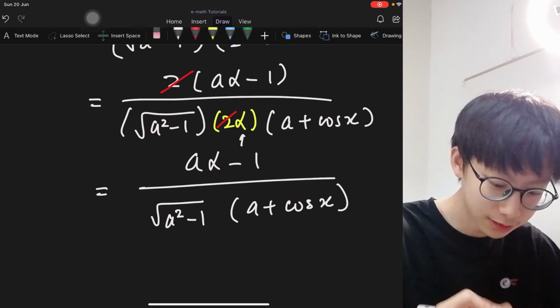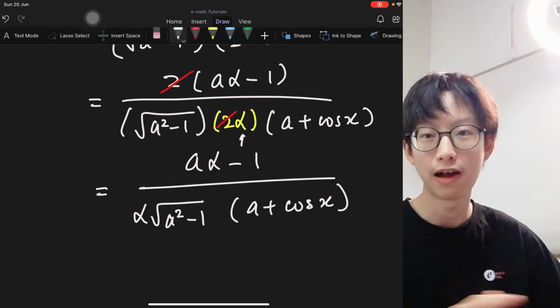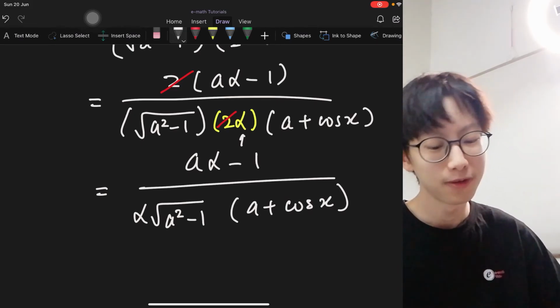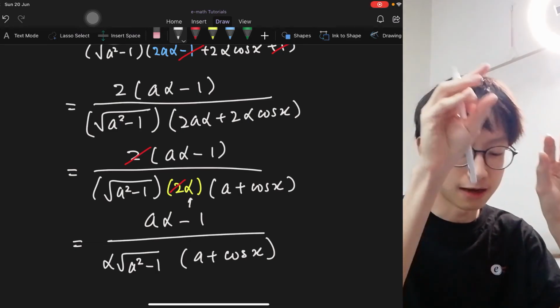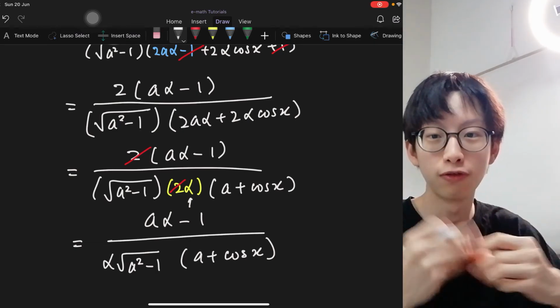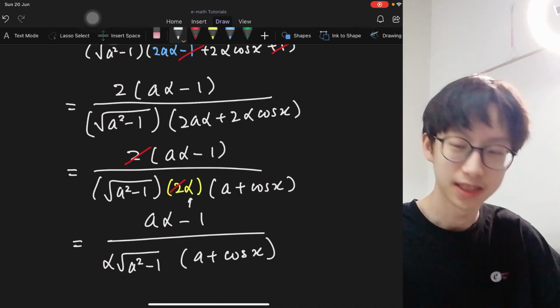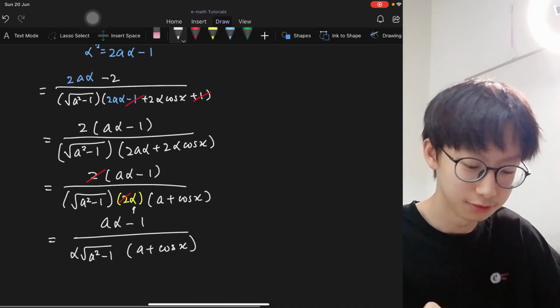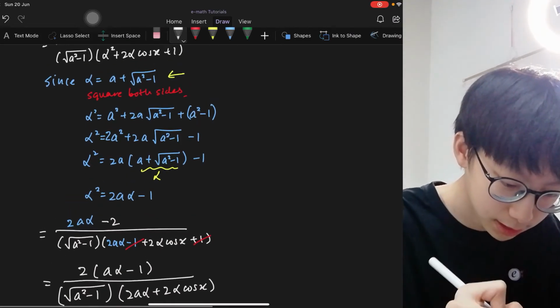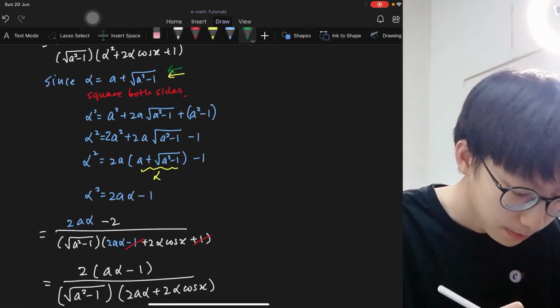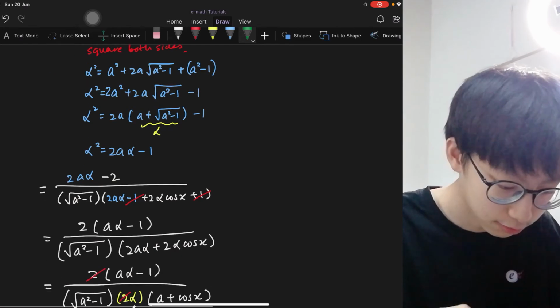For now you can't factor out any alpha to cancel out each other. I thought we could make it into something alpha, then we can get rid of all the alphas. But seems like we can't, so we still need to substitute back what alpha is. Alpha was a plus square root of a squared minus 1.